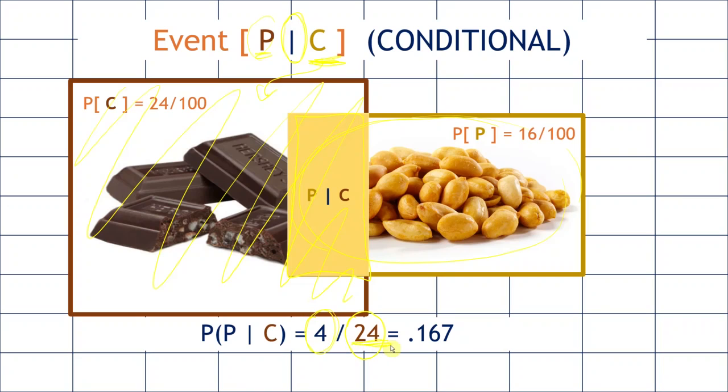So given this smaller sample space of 24, not 100 anymore, we want to limit to only those people who we know for sure like chocolate. Out of those people, only 4 of them like peanuts. So 4 divided by 24 gives us 16.7%.